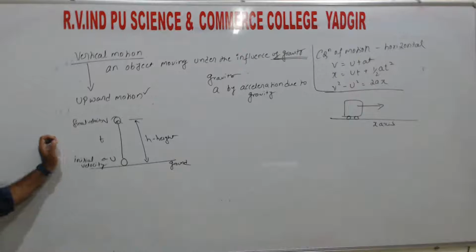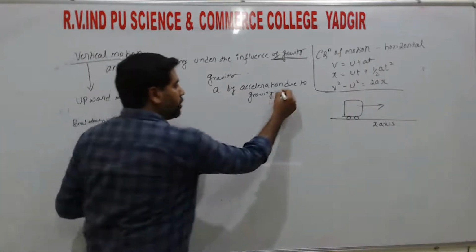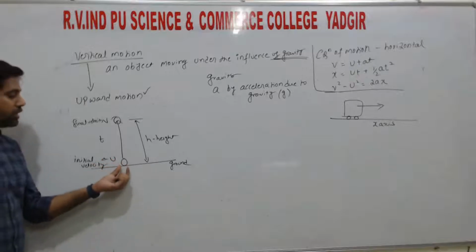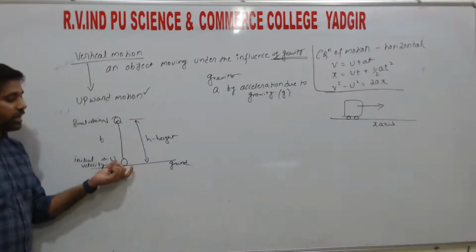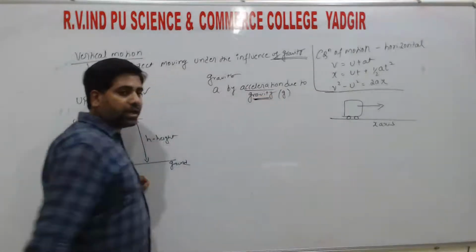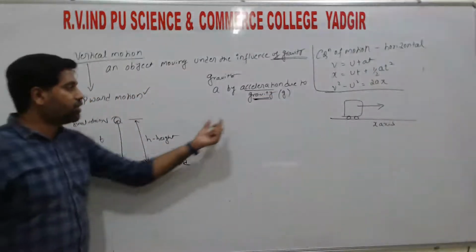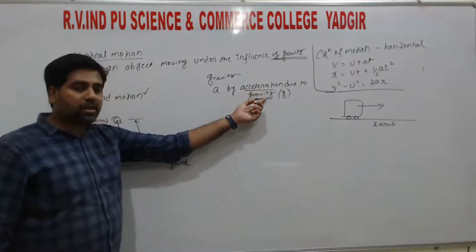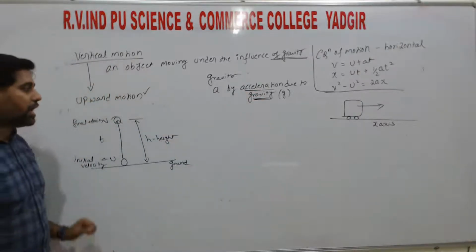What is acceleration due to gravity? It is denoted by g. The motion of an object influenced only by gravity gains acceleration from gravity. That type of acceleration we call acceleration due to gravity.